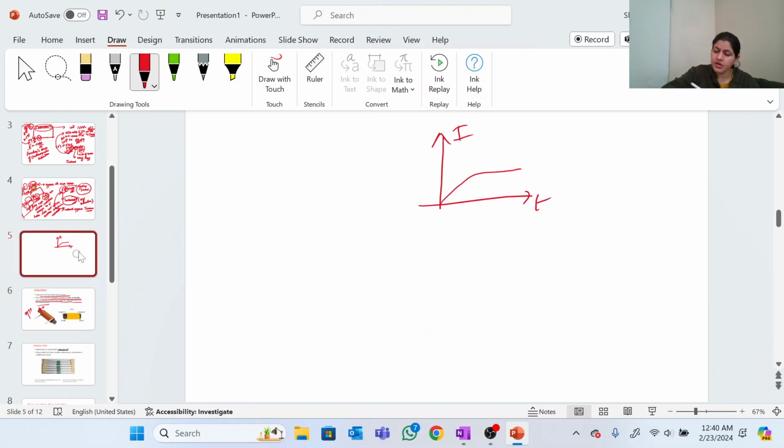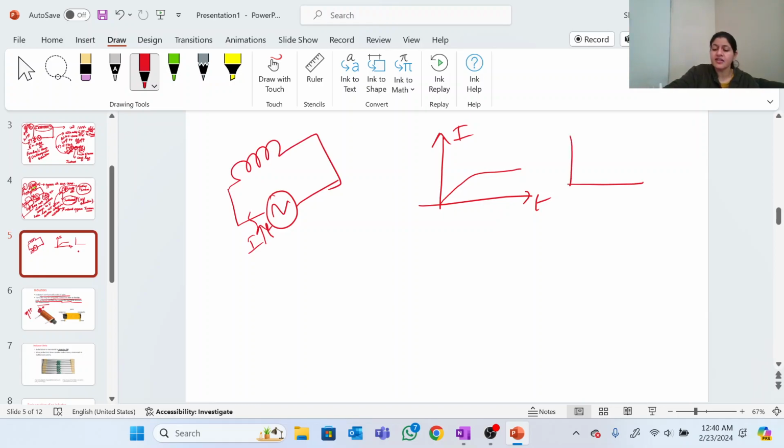Okay, one thing I would like to tell you again is that we were discussing this case, that this current we are trying to increase. Let's close that point first. So I was saying that initially the current is going to increase like this, and at a certain point this current will achieve its threshold value, right? So what am I saying with this?